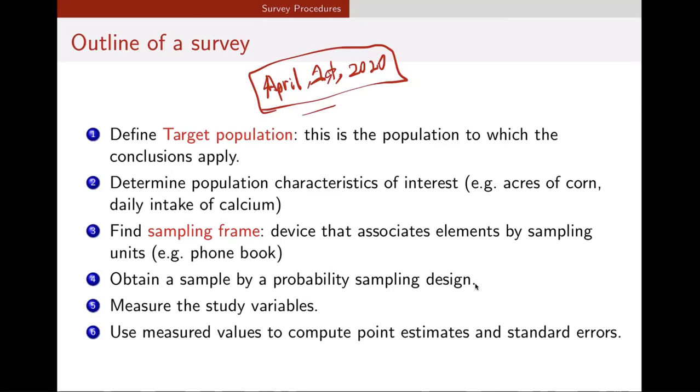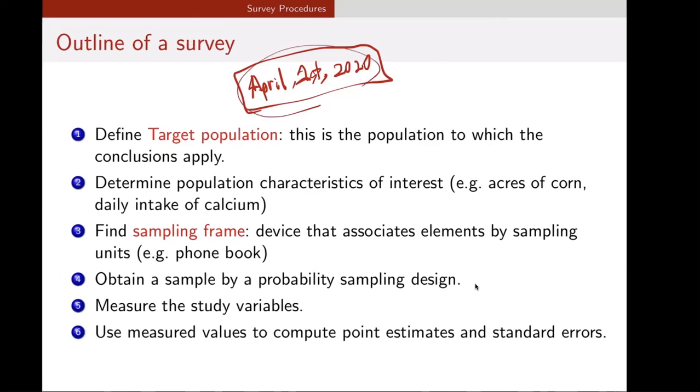So there's a population to which the conclusions apply, then what determines the population characteristic that we want to measure, and then find the sampling frame. The sampling frame is essentially a list to which we assign probability. Then obtain a sample by a probability sampling design, measure the study variable, and use the measured values to compute the point estimates and standard errors.